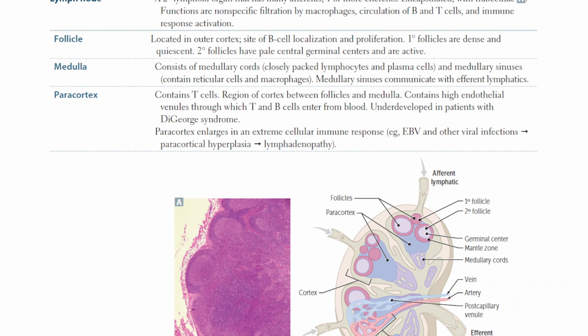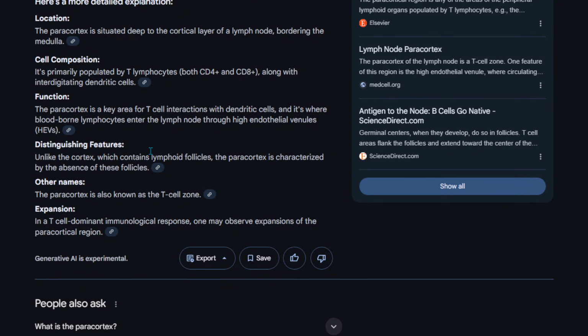Remember, the T lymphocytes are CD4 and CD8. Then, remember the function. The paracortex is the key area for T cell interaction with dendritic cells, and is where the blood-borne lymphocytes enter the lymph node through high endothelial venules.